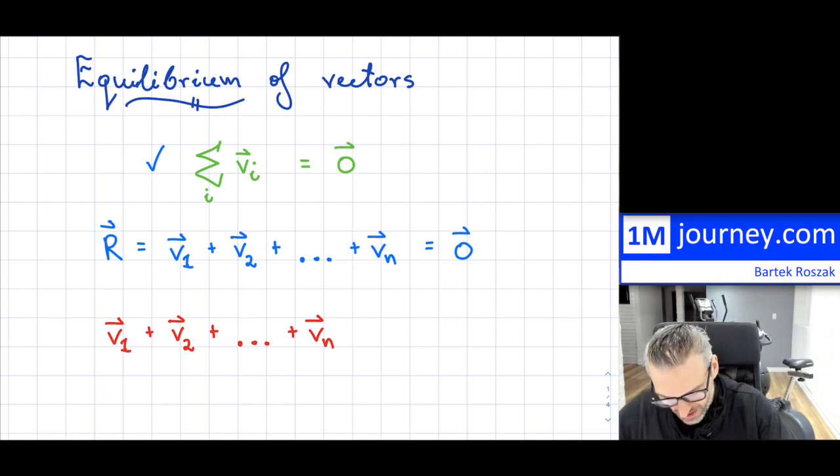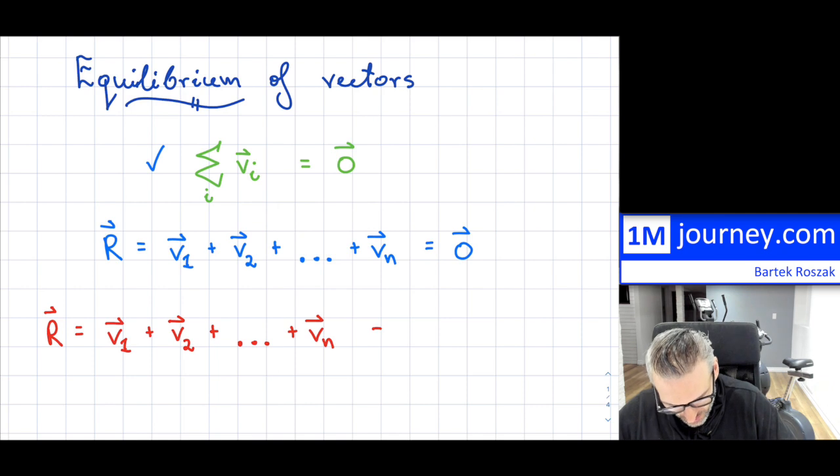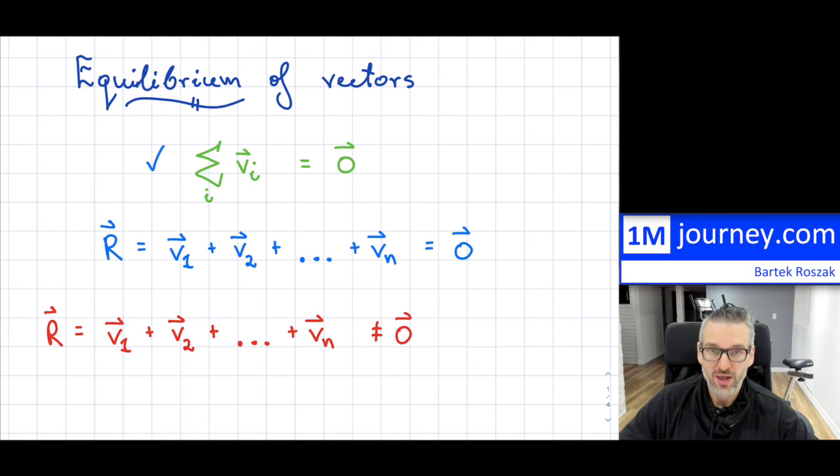So what you would have in here is, let's say you were finding this out, and then you're finding your resultant vector, and maybe it is not equal to the 0 vector. Well, what do you do? You're going to have to try to apply or find an additional force to all of this, so that it equals 0.